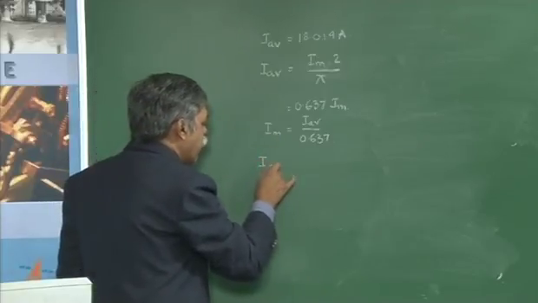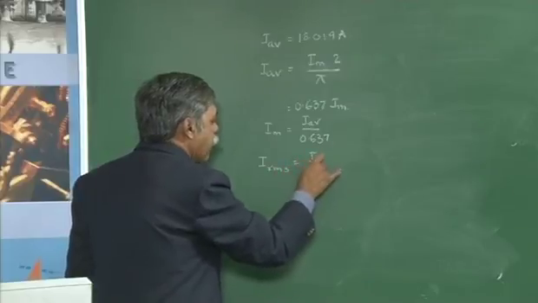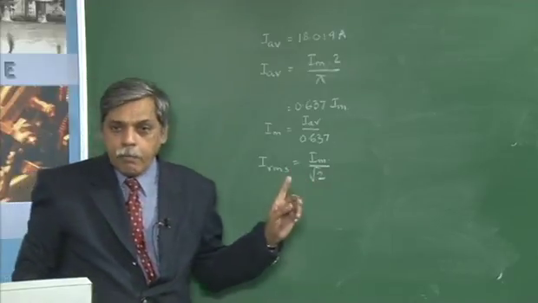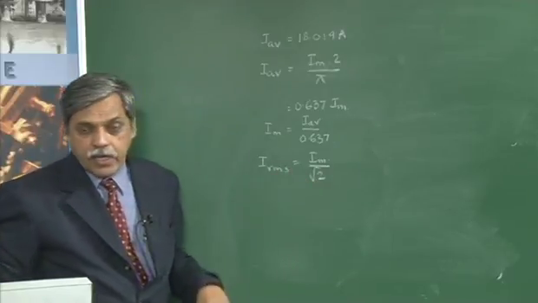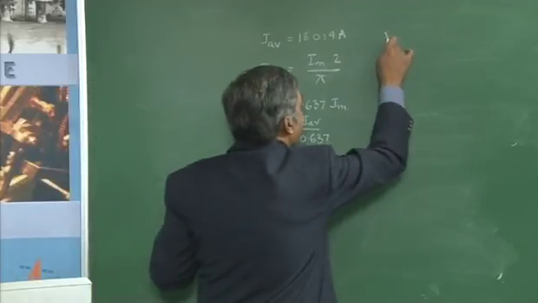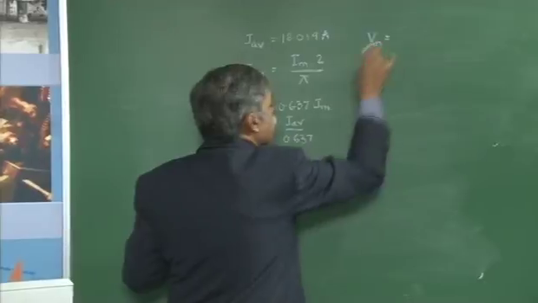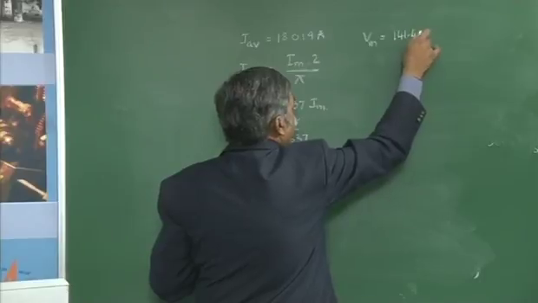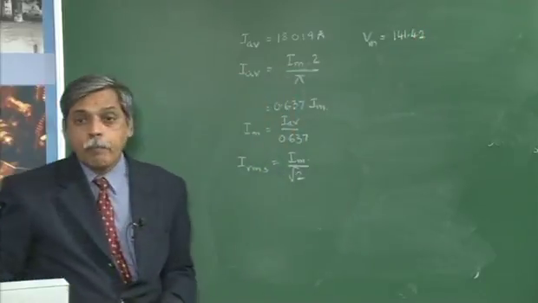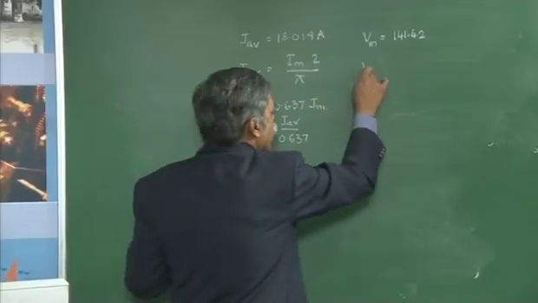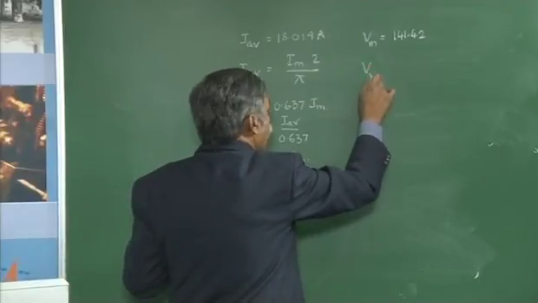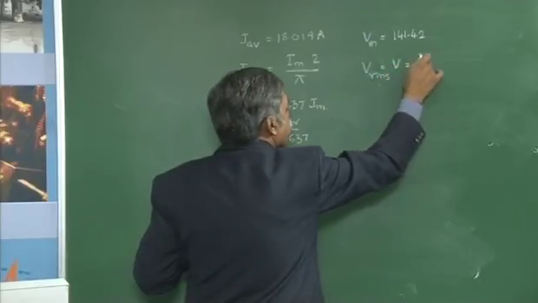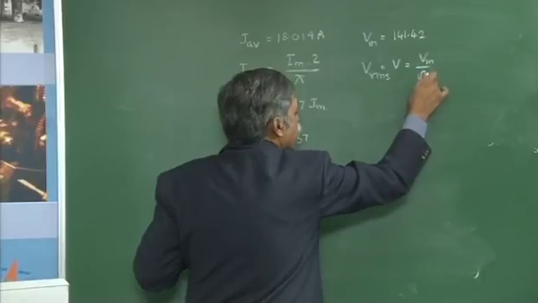Then the IRMS value will be I maximum divided by square root of 2. So I will get the RMS value of the current. Similarly, I have been given the peak value, that is the maximum value of the voltage, as 141.42 volts. So to convert this into RMS value, I need to divide, VRMS, normally we write it as simple V, is V maximum divided by square root of 2.